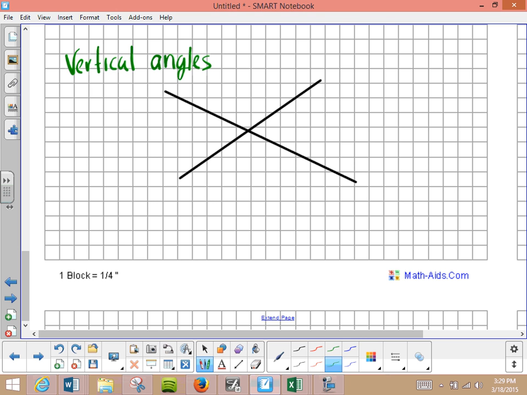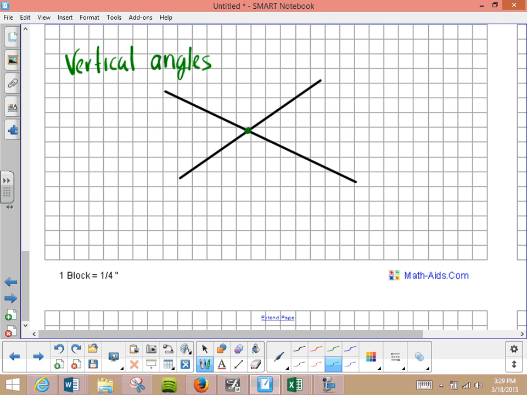Vertical angles are the ones that, whenever you have two lines intersecting, you create angles on each side. They share the same vertex. So in other words, they share the same point.